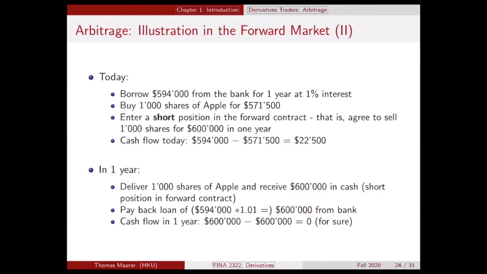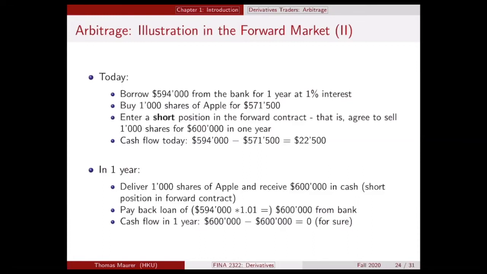So receiving $600,000 and paying $600,000 gives a 0 cash flow for sure in 1 year's time. Again, there is no risk because it doesn't matter how much an Apple share is worth. I have already locked in through my short position in the forward contract the price at which I sell them.